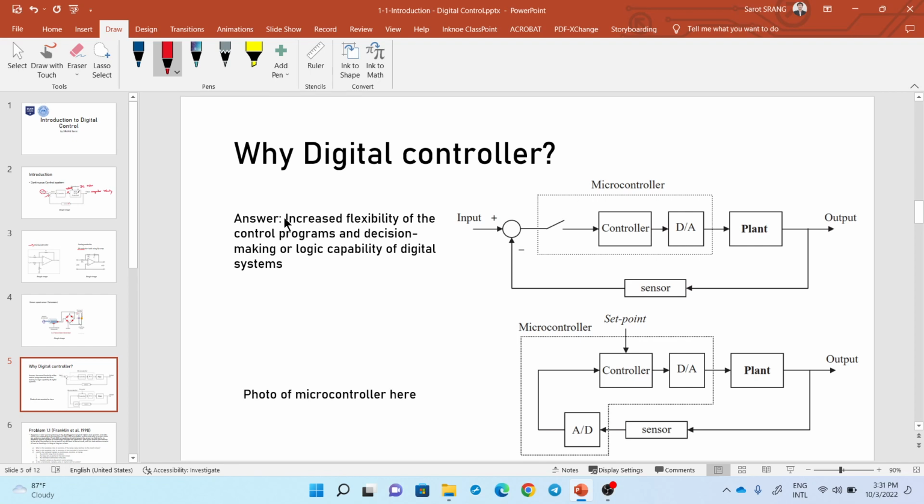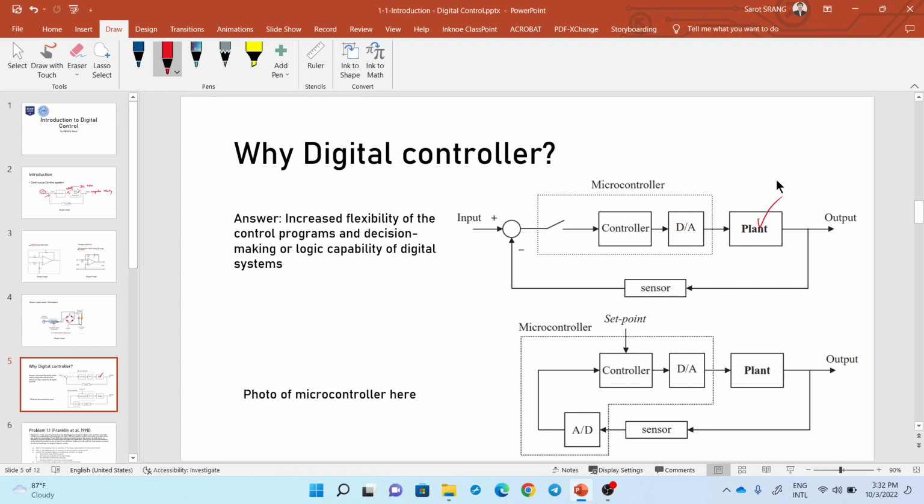So where do digital things take place? Well, this is the plant, even though it can be modeled in the form of differential equations. When you implement, it is actually the real hardware, the real physics, the physical phenomenon of the system itself.